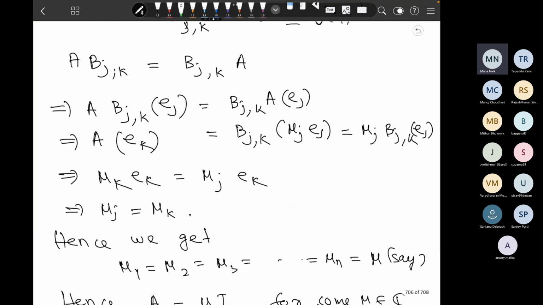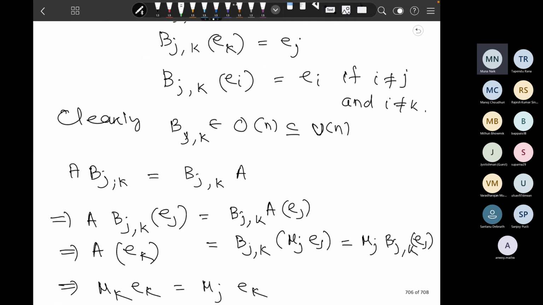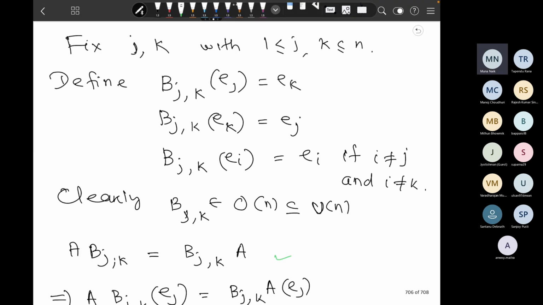But I am not interested in that. I am interested in this example because it is more general. The determinant of Bj,k is minus 1, because it corresponds to an odd transposition. Therefore it is a permutation matrix, and since it corresponds to an odd transposition, its determinant is minus 1.